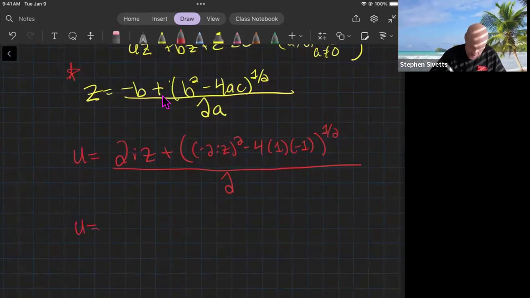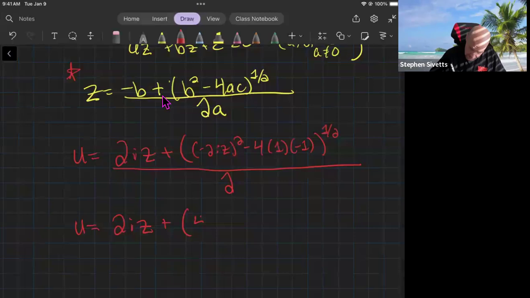So u is 2iz plus, so i squared is -1, so that is 4z squared.